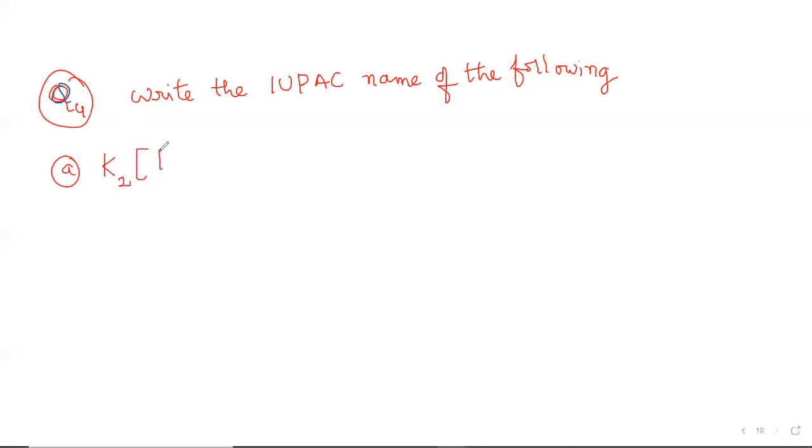K2PdCl4 is given. After giving K2PdCl4, we can understand that the name starts with the potassium cation. So potassium.